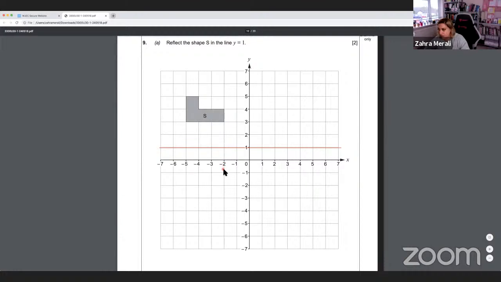So if I was to put a mirror, there'd be 2 more there, and the whole thing would reflect this way round. So what I'm going to do is essentially draw that. So 1, 2, it's going to be drawn here. So that's my mirror line there. Oops, I think it's trying to draw nice straight lines, but it didn't really work. But that would be my mirror, and that would be reflecting my shape in that line. Okay.